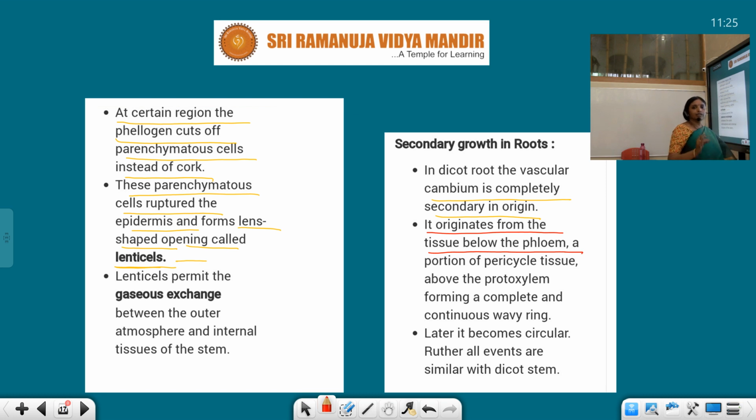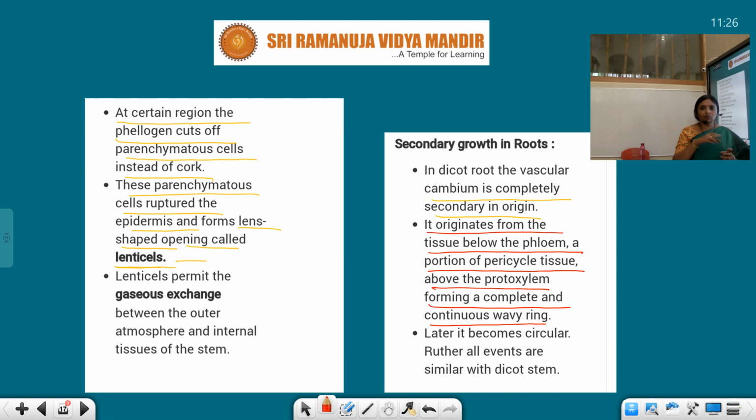Xylem and phloem are alternately present in the dicot root, so below the phloem some tissues are present, which are part of the pericycle. Cells above the protoxylem form a complete and continuous wavy ring, which later becomes circular, and all the other events are similar.